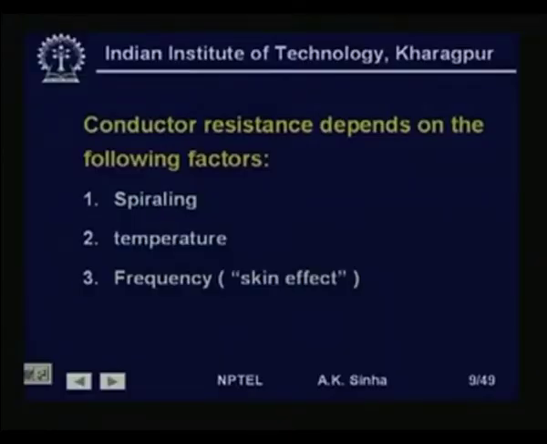Now, conductor resistance will depend on some other factors as well. Since we are using stranded conductors, these conductors are spiraled.